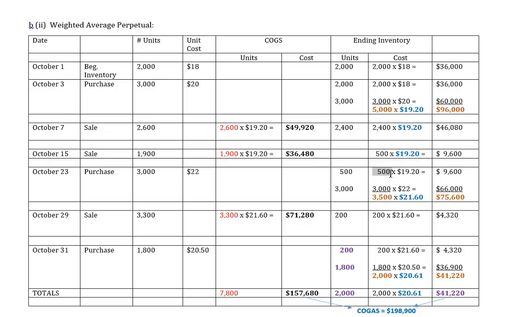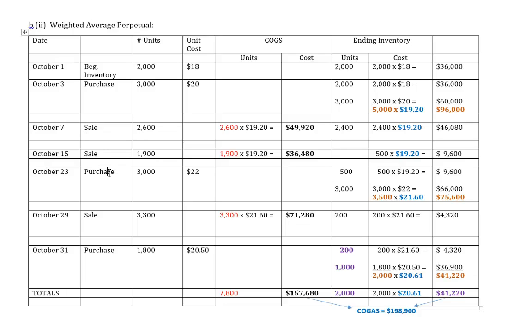So those 500 are sitting there at that average cost of $19.20, which is $9,600, plus I've now got 3,000 at $22, which is $66,000. So now I have 3,500 units at a total cost of $75,600. So on average now, that's $21.60. So don't forget, we said every time we purchase, we've got to recalculate the weighted average cost, because you never know when you're going to sell.